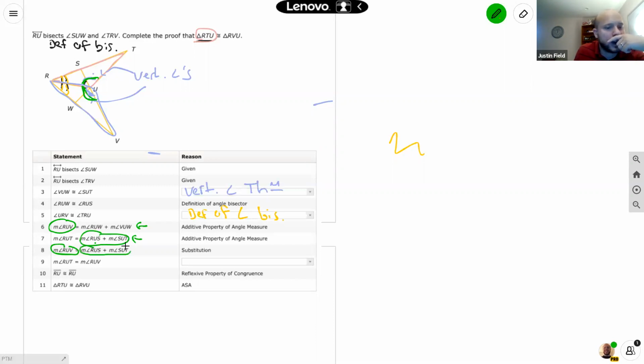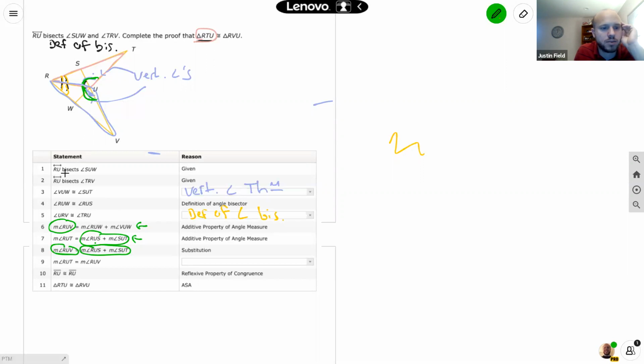And why can they say that? Because of RUV, RUW. Because of the congruent statements we made up here, we know that RUW, that's this angle right here, is congruent to RUS.